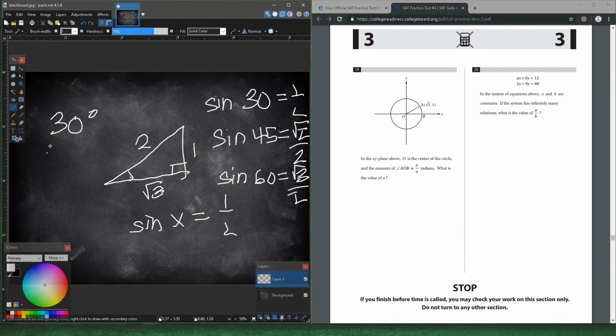An easy conversion is 30 degrees multiplied by pi radians over 180 degrees, because pi radians equals 180 degrees. So that's pi over 6. So a is equal to 6.